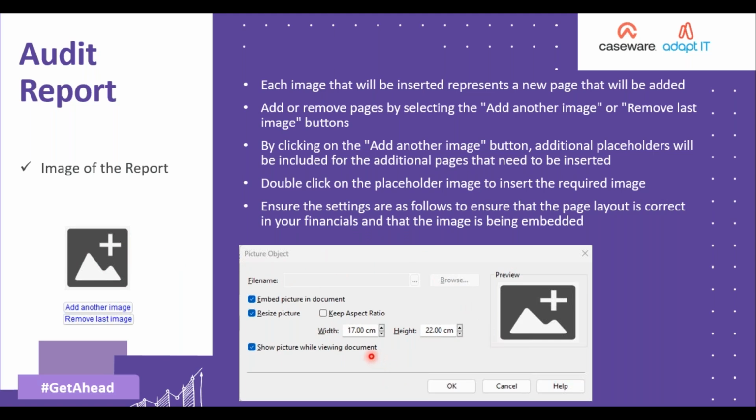So let me reiterate. By double clicking on that placeholder, that little image, it will open the Picture Object dialog box. This will allow you to browse to the location where you have saved the audit report from your auditor.